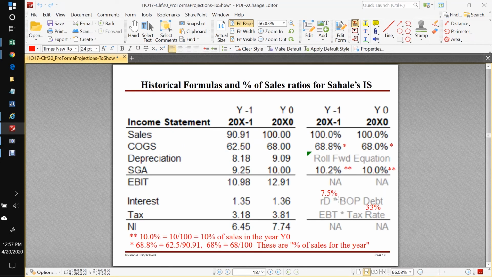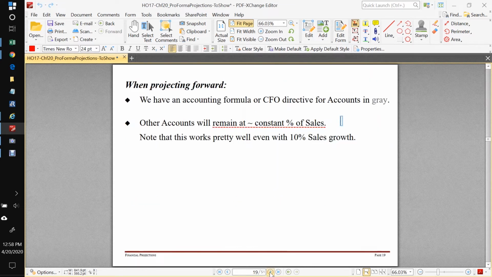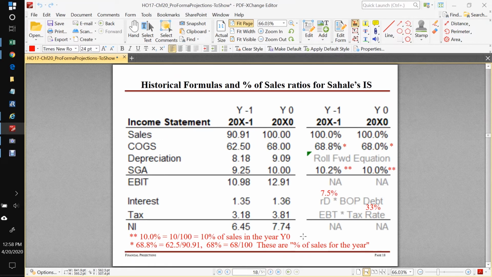In other words, if COGS was 68% of sales this year, when we project forward into year one, we're going to say that in year one, whatever the sales are, COGS is going to be 68% of that. So we're going to project forward based on year zero, not the average of year zero and year minus one. And notice how this works pretty well, even with 10% sales growth.